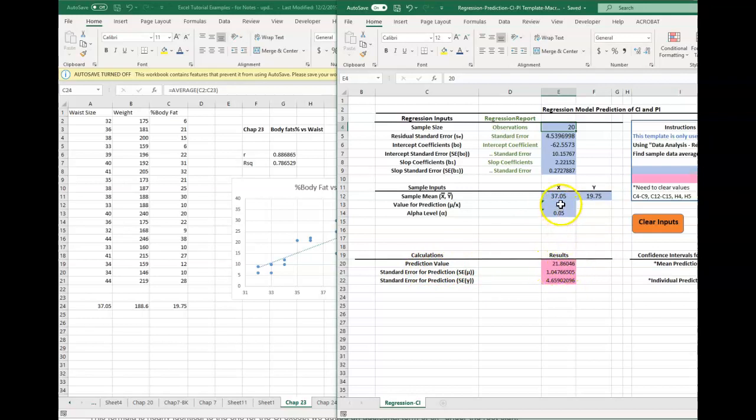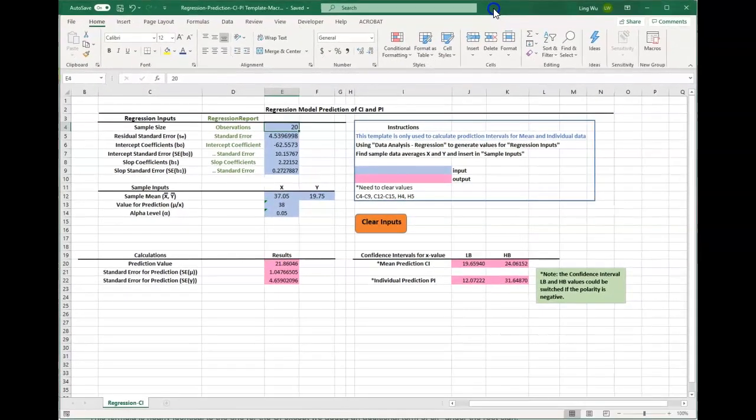So you can see this is the x value, and the predicted y value is 21.86. So that's the predicted y value, and then there are two intermediate calculation values used to calculate this prediction, the mean prediction CI and the individual prediction PI. So that corresponds to this given 38.